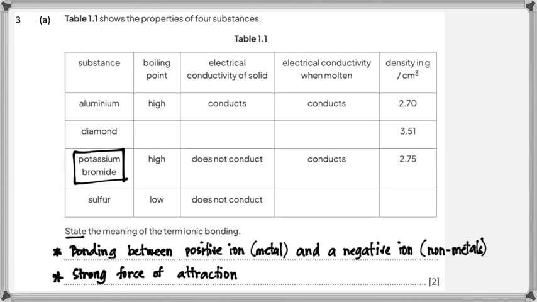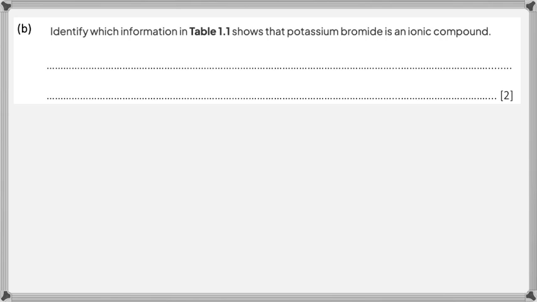So it's so easy. It says here that the boiling point is high, and it does not conduct electricity when it is solid. Okay, and it conducts electricity when it's molten. And I think these 3 pieces of information are enough.